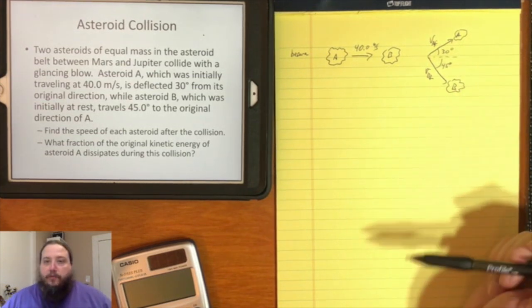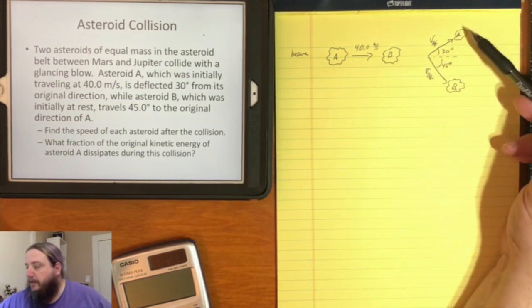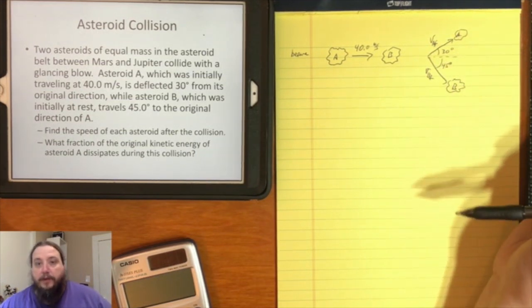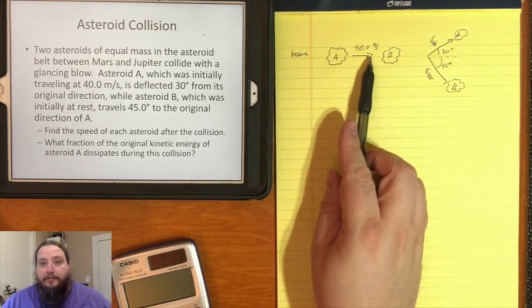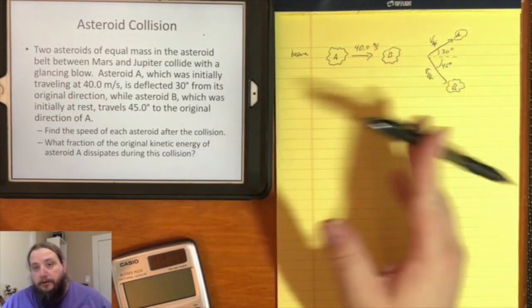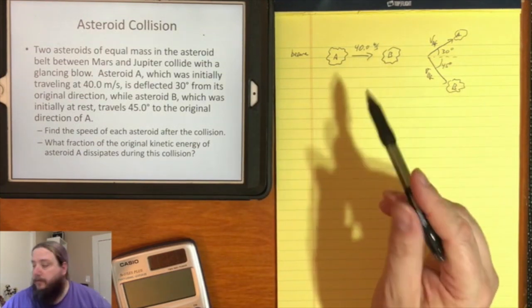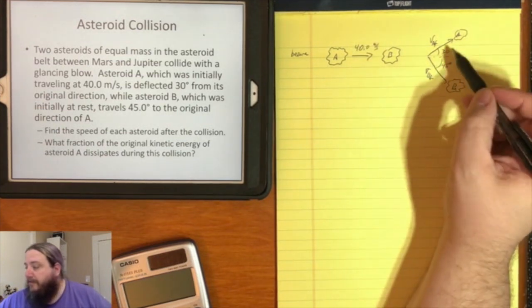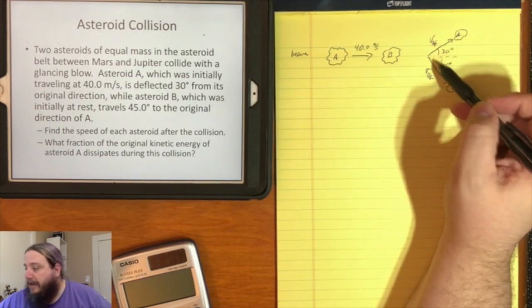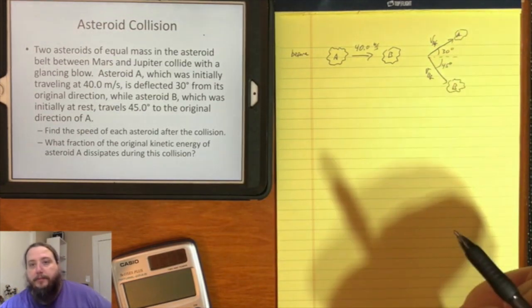Now, you might ask, why is it that we know that B must be going down if A is going up? Well, because the total momentum of this part of the system beforehand was purely horizontal. So there was no vertical component of motion. There was no component of motion up and down. So there must, in fact, be a downward component of motion to balance out the upward component of motion.